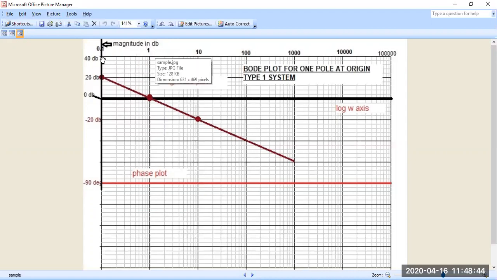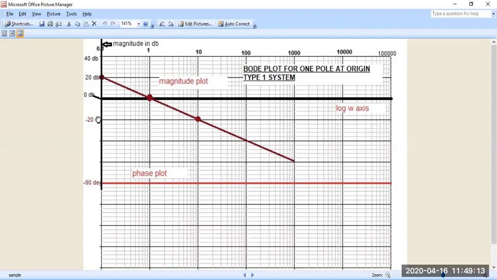So if I connect 40 dB to minus 20 dB here, suppose. So here the minus 20 dB line is there. So here, this corner, I connect it to this corner, minus this plus 40 dB. So 40 to 20, what is the drop? 20 dB. 20 to 0, what is the drop? 20 dB. Again, 0 to minus 20, what is the drop? 20. So how many drops are there? 20, 20, 20. It is 60 dB.